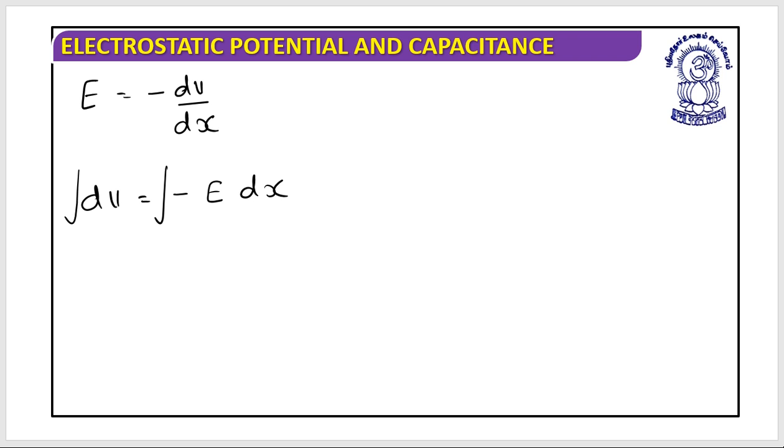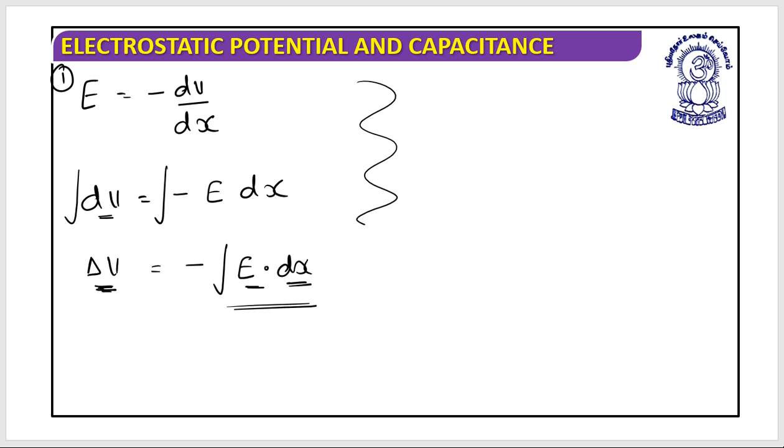If I integrate this, please remember this is not V, this is delta V. This is the change in potential, equal to minus the integration of E dot dx. So if I require a voltage and the electric field has been given, then I need to integrate this, and delta V would be available. Are you sure? Yes. This is the first set of summary.